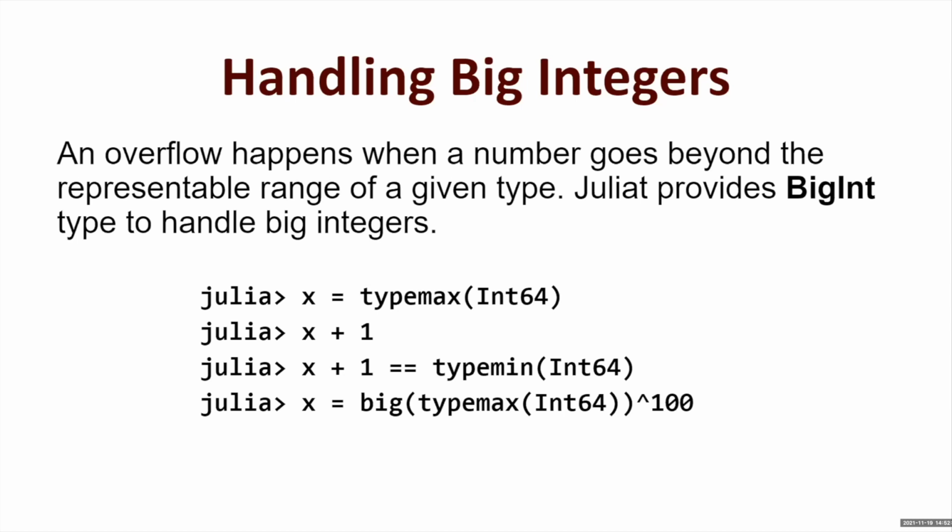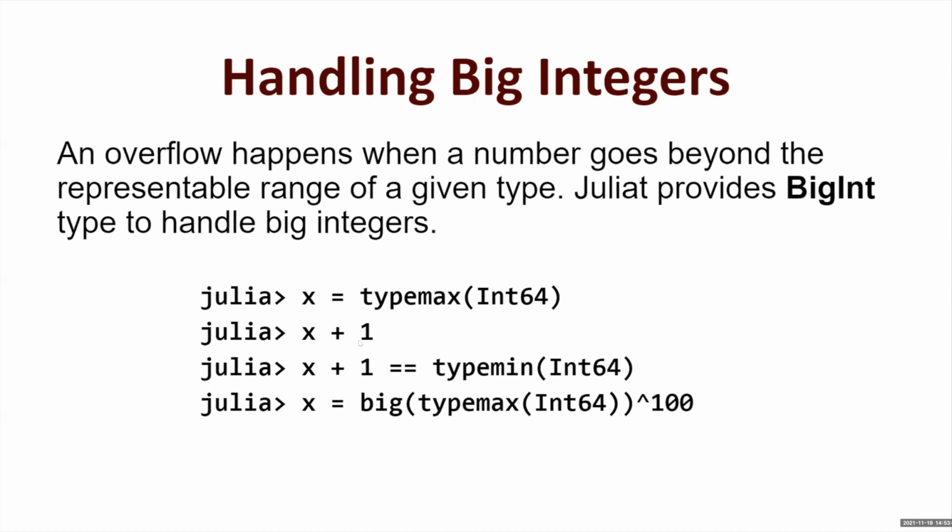Now, the last line is kind of interesting. This big function will convert this data type into a big integer data type. If inside is an integer, it will convert that into BigInt. If it's a float, it will convert that into BigFloat. Now you can do this with a maximum number, 100 to the power of 100 to the power of 100, and you can print out a long string on your screen.